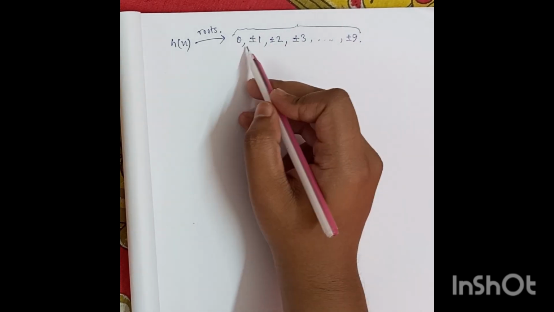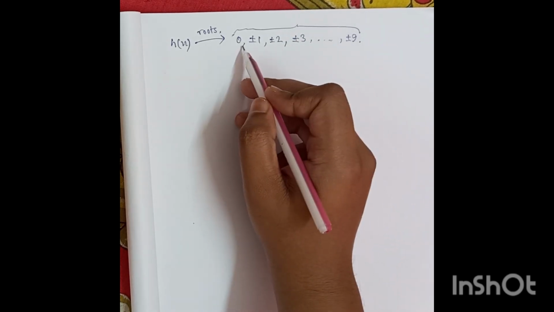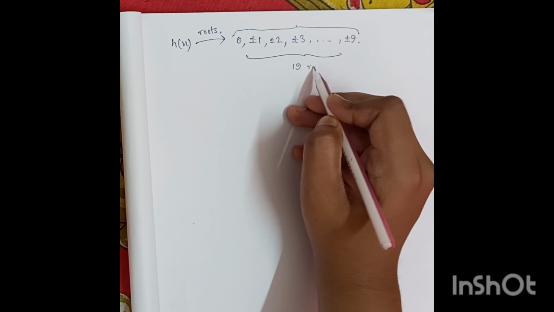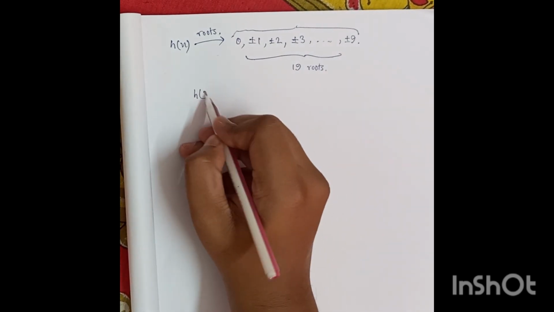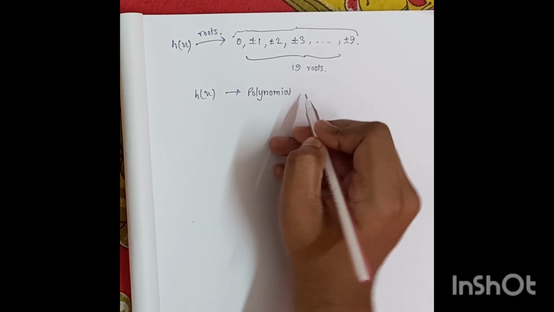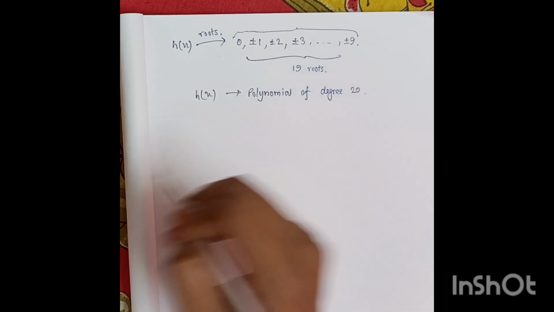So there are a total of 9 into 2, that is 18 values, and then the value 0. So there are a total of 19 roots here of h(x). But we know that h(x) is a polynomial of degree 20.